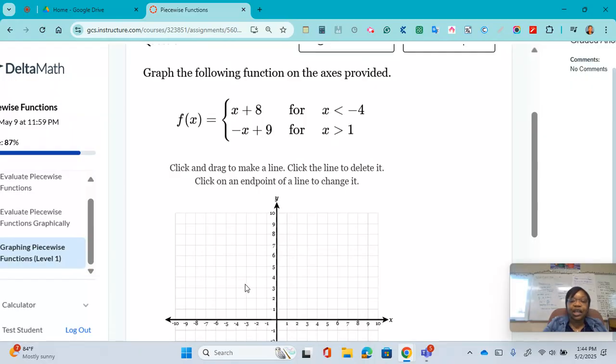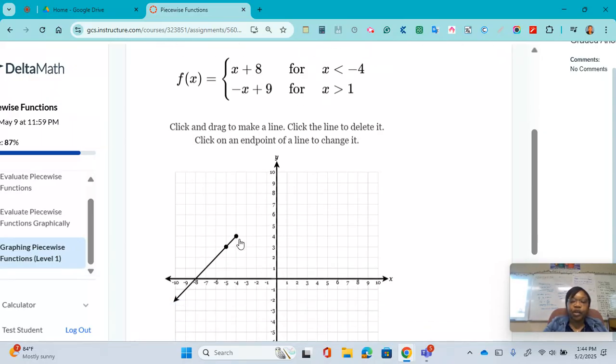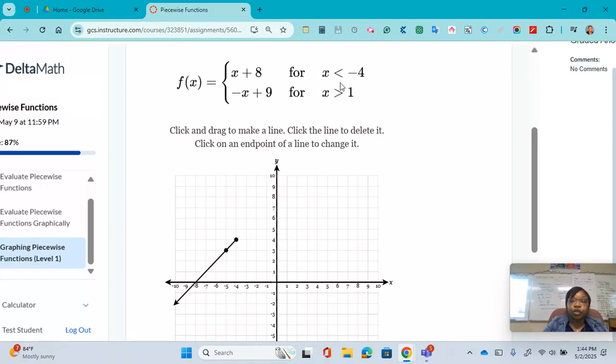So will I be going to the left or to the right? The left. My slope is 1 over 1, a positive slope, and it is all values less than negative 4, so it goes forever in this direction. Is that an open circle or a closed circle? Open circle, so I'm going to open it up. That's the first one.